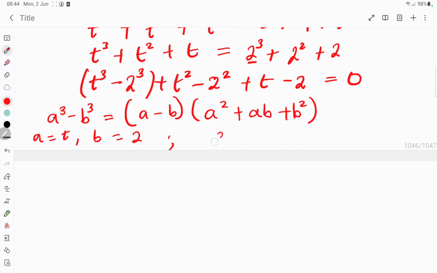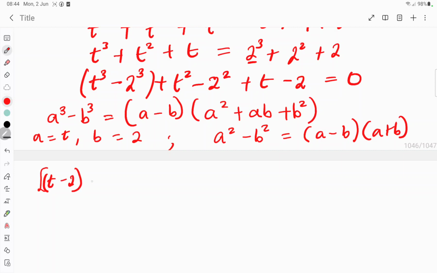And also we know that a squared minus b squared is equal to a minus b into a plus b, applying difference of two squares. So if you apply this expansion in each term, you can see that we have t minus 2 into t squared plus 2t plus 2 squared.